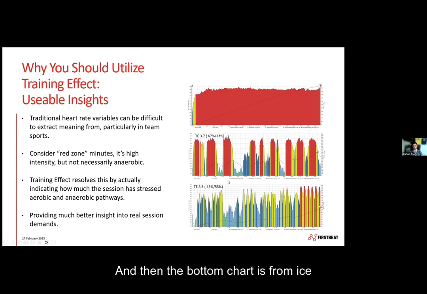The bottom chart is from ice hockey, so very short work periods before they go off and rest. Overall training effect was broadly similar, 3.7 against 3.5. But the ice hockey was much more anaerobic because they were having those recovery opportunities between their workouts, so they were able to increase those intensities quickly when they came back onto the ice.